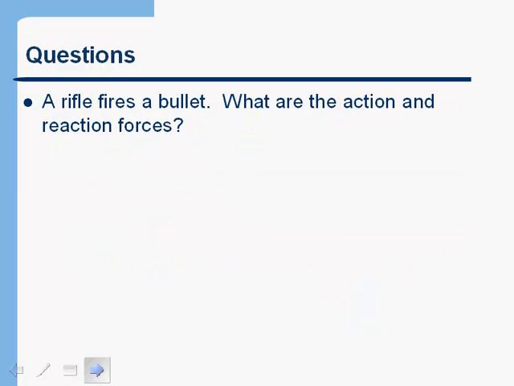Let's take a look at one more example of this. A rifle fires a bullet. What are the action and reaction forces? So what are the two forces acting? Here's my rifle. When the bullet gets fired, the rifle exerts a force on the bullet.